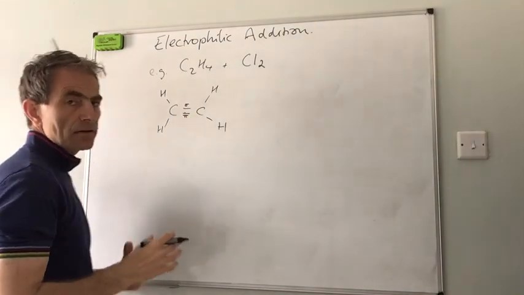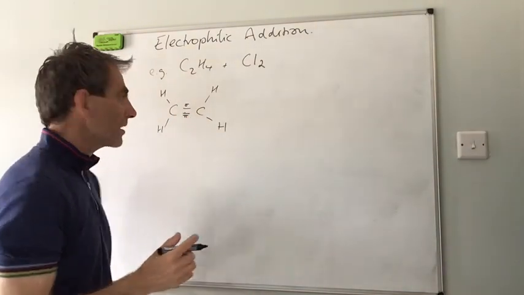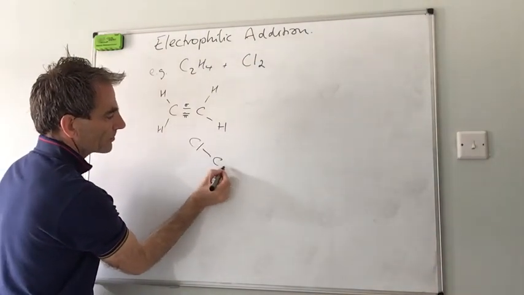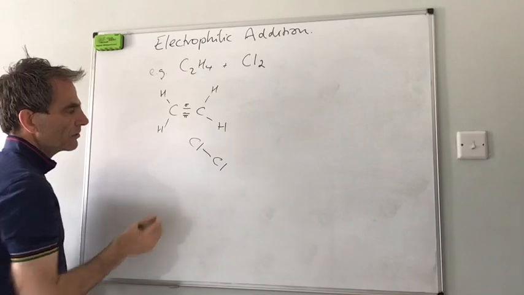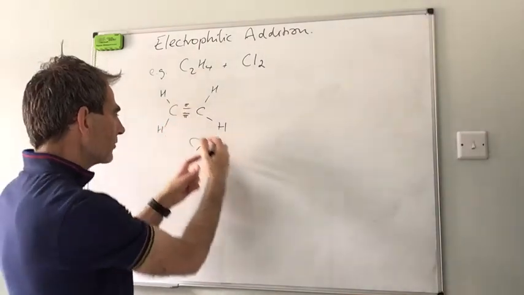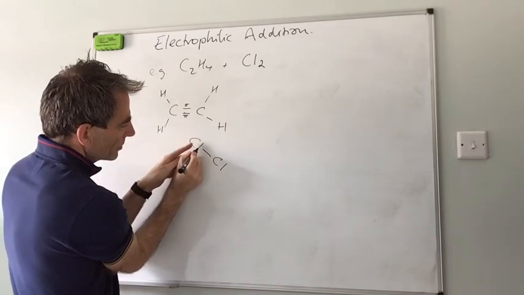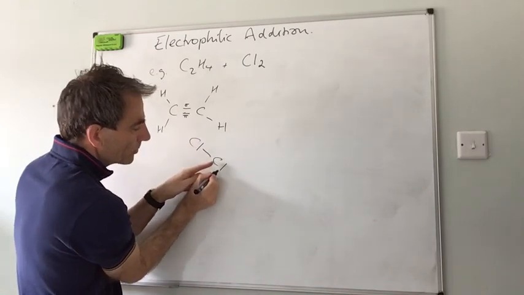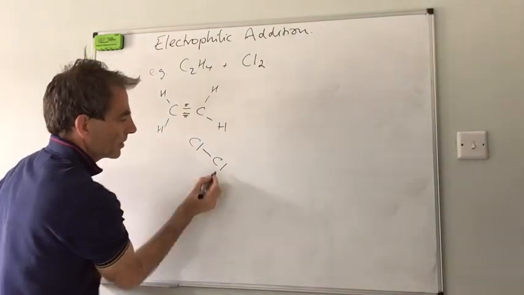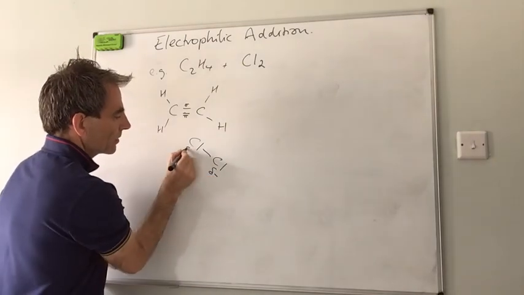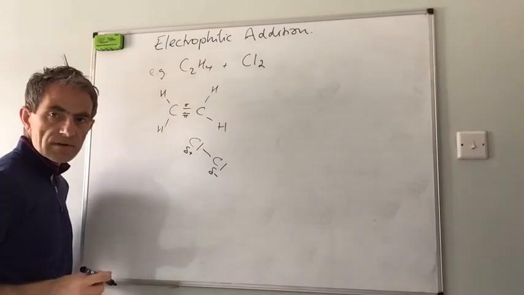So if we bring our chlorine closer to this double bond, it's going to polarize the molecule and the electron pair in the bond is going to be repelled slightly closer to this chlorine here. So this end of the molecule is slightly negative, this one slightly positive.